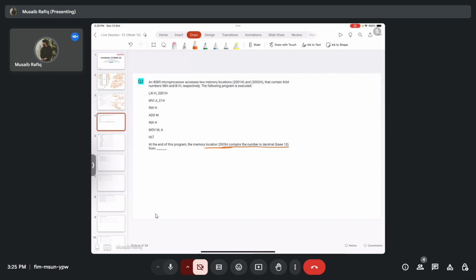So let me just show the solution. We have LXI H, 2001 hex. That means the H will be loaded with 20 and L will be 01. Then MVI A, 21 hex, so we can write it like this.